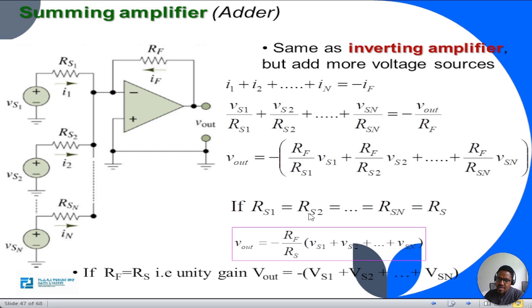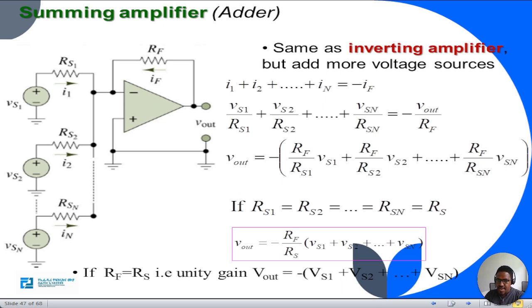If RS1 equals RS2 equals RSN, that becomes RS, and V out becomes minus RF over RS multiplied by, in the bracket, VS1 plus VS2 plus VN, etc. If the feedback resistor RF equals RS, that is unity gain, and V out becomes negative, in the bracket VS1 plus VS2 plus VN, etc. This type of op-amp circuit we can call a summing amplifier or adder according to the circuit analysis. That is how you analyze the op-amp circuit.